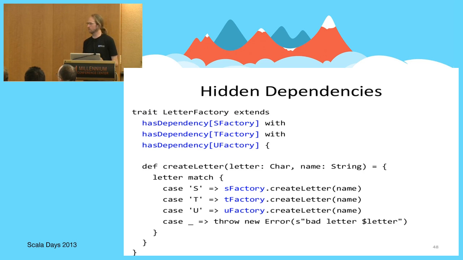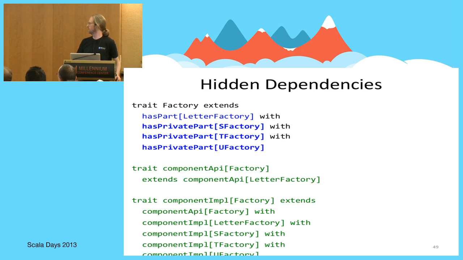The important thing here is, let's take the U factory. The U factory is written for the use of the letter factory. If I was a U repository, I shouldn't be hitting the S factory or whatever. We want them to be hidden. We want them to only be available to the letter factory. You basically cannot do this in Spring or Guice.